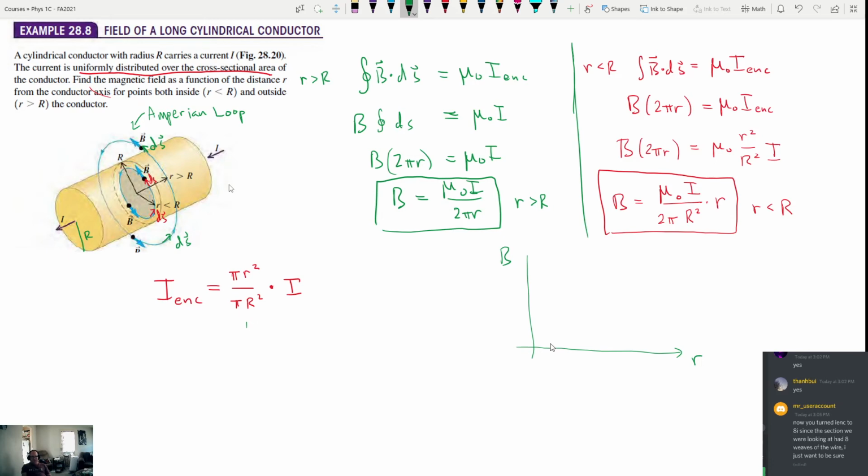Then we find that in the region where little r is less than big R, so let's say this is big R right here, the magnetic field grows linearly. In the region where r is greater than big R, it falls off exponentially. Or as 1 over r. That's not exponential, just as 1 over r. And there we go. Any questions?